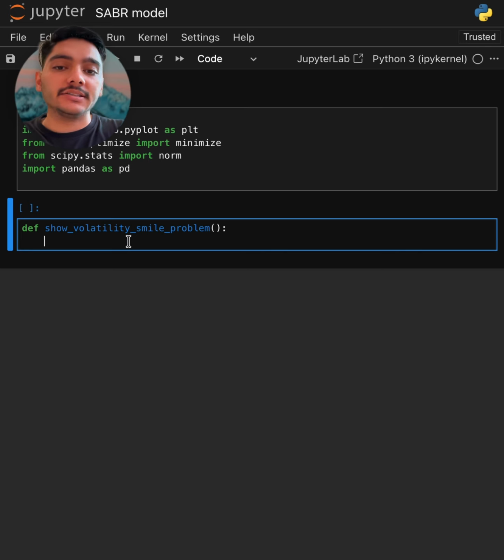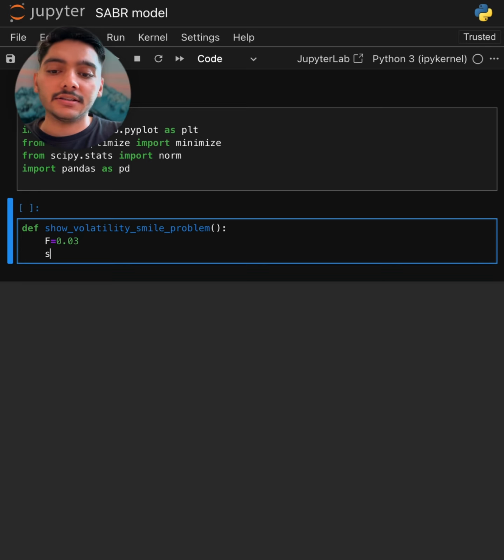First, let's do a market setup. So we will define the forward rate and the strike range, and we need realistic interest rate market parameters to show the problem. So let's take f, the forward rate, to be 0.03, which is a 3% forward rate, typical of developed market levels.